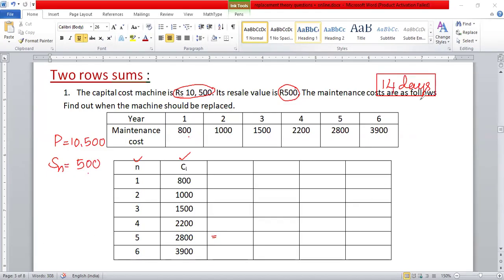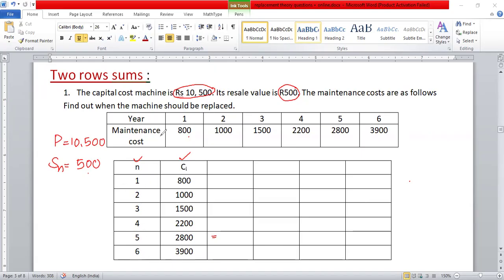Okay, the maintenance costs are as follows. The years and the maintenance cost are given. Years are 1 to 6, which we consider as the n column.